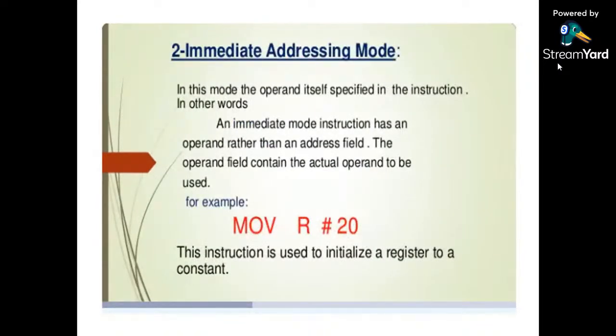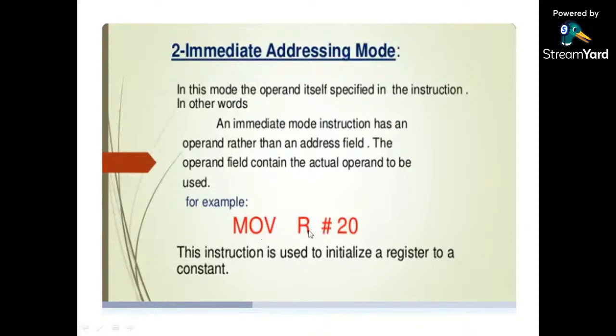Then second is immediate addressing mode. What do we mean by immediate addressing mode? In immediate addressing mode, the data which needs to be operated upon is specified in the instruction itself. For example, consider move R hash 20.